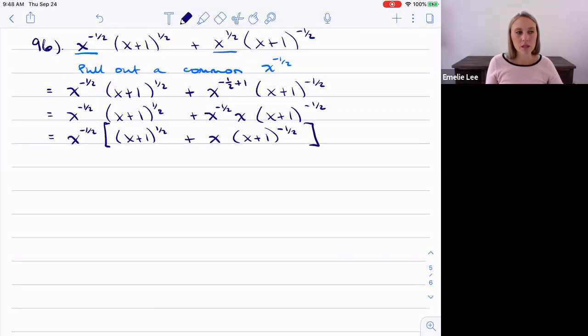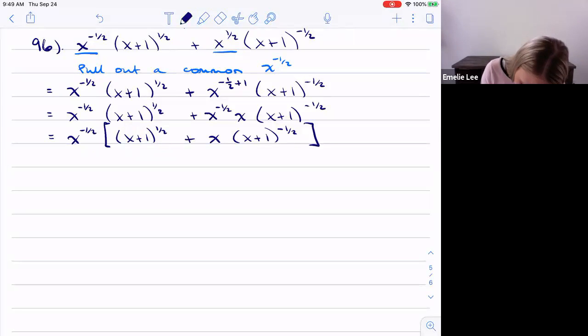Okay. So now I've pulled out this common x to the negative 1/2. I'm going to do the same thing with the x plus 1 to the negative 1/2, because that's my smallest power. So I'll be able to pull that out from the x plus 1 to the 1/2 using that same trick, recognizing that 1/2 you could rewrite as negative 1/2 plus 1.